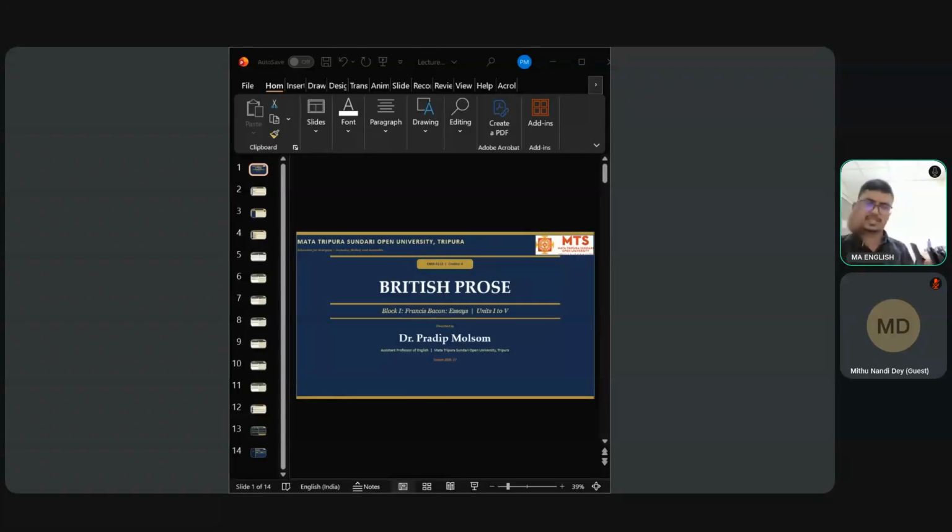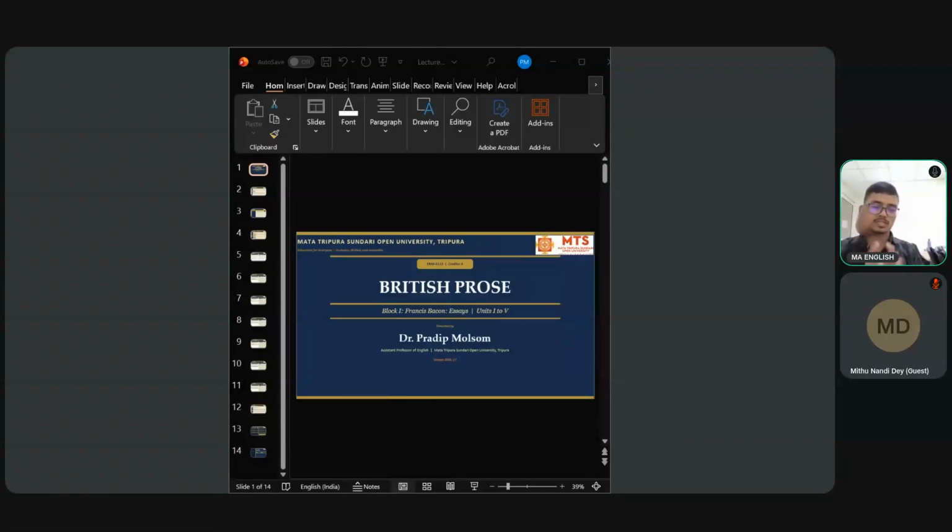Reading these essays will not only make you a better student of literature, it will actually help you think more clearly, more effectively, and understand the world more deeply. All right, so please pay attention to it.